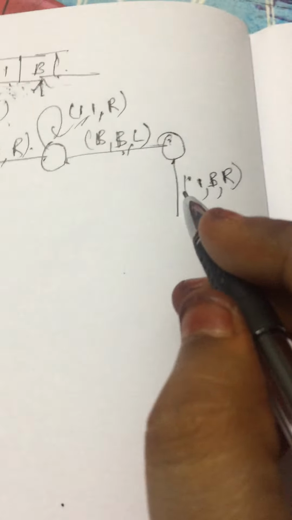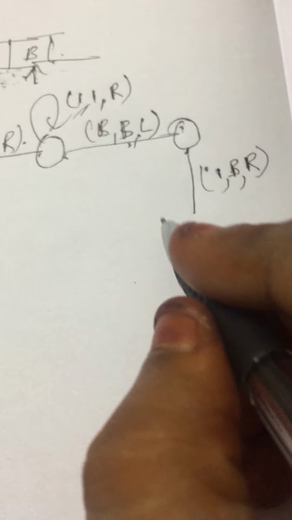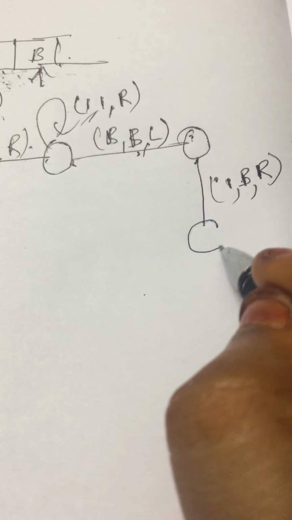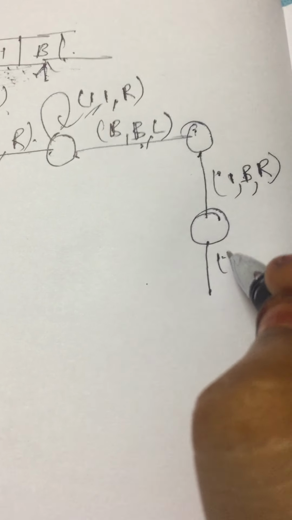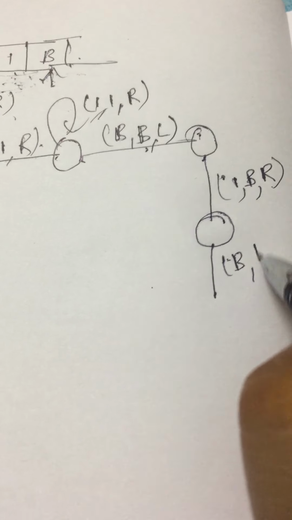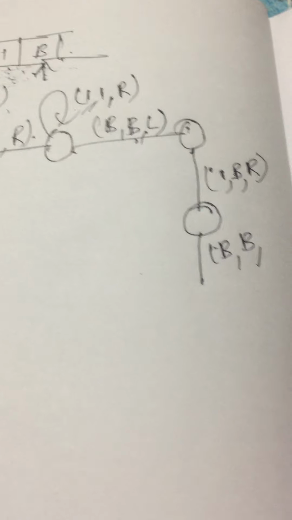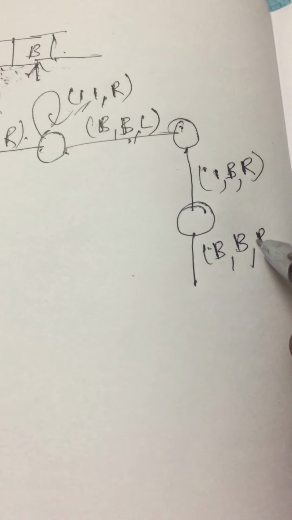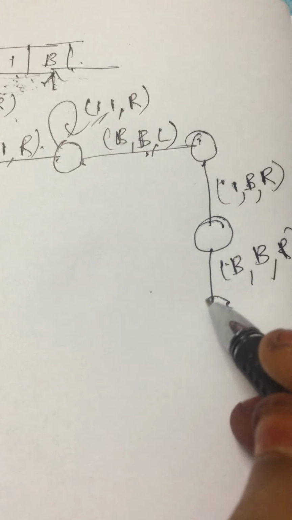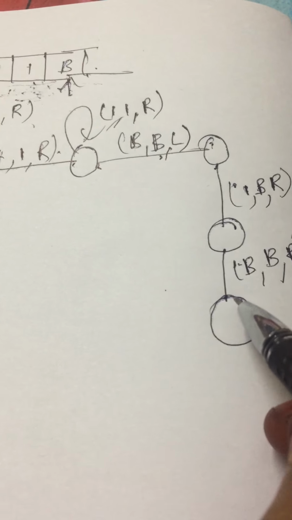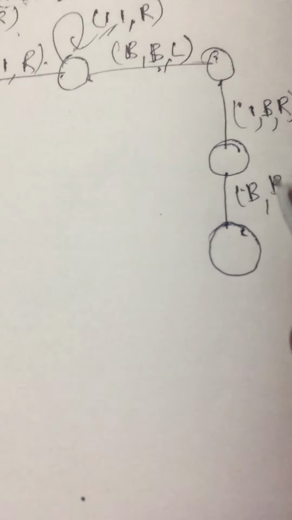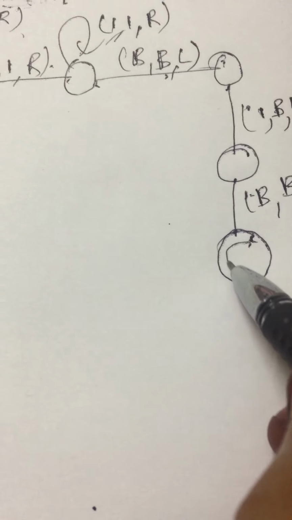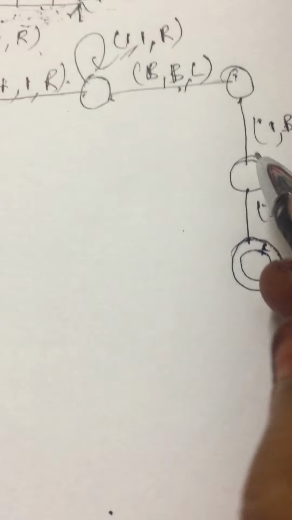By that the procedure will end there. So after converting 1 to the blank symbol, just move to the next blank symbol, keep that blank symbol as it is and move to the right direction. It means that the addition of the string, I mean 3 plus 2, has been processed there. That means it is accepted by the Turing machine.